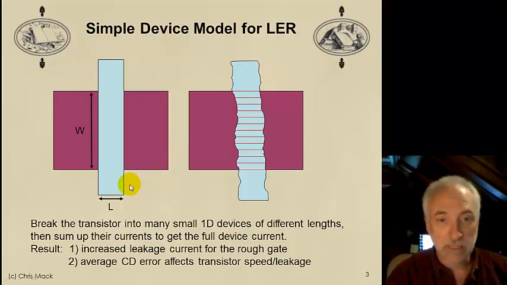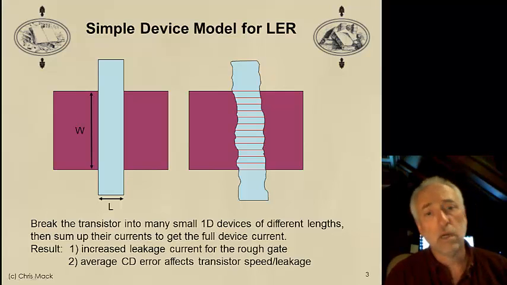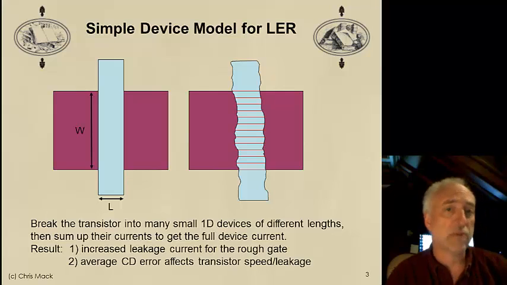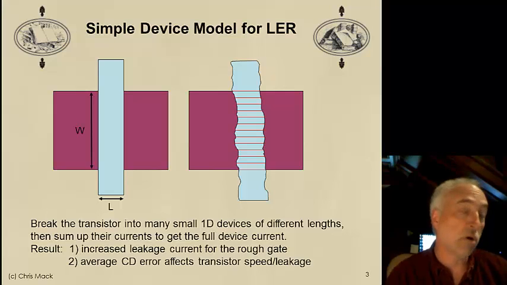The gate length is L, the small dimension, and the gate width is W. And the gate length and the gate width determine important properties about this transistor, like its switching speed, its current carrying capacity, and the leakage current when we try to turn this transistor off.